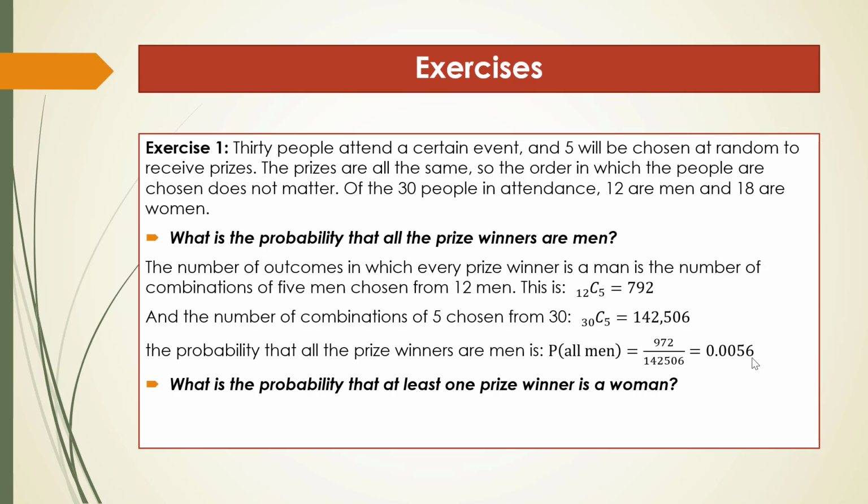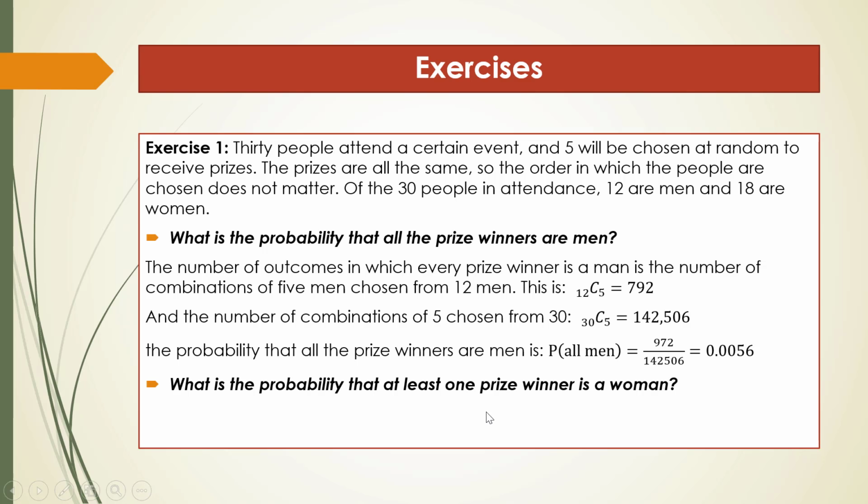What is the probability that at least one prize winner is a woman? Remember, in the last lesson, I introduced the at least event. Whenever you see a question asking about an at least event, think about the complement rule.